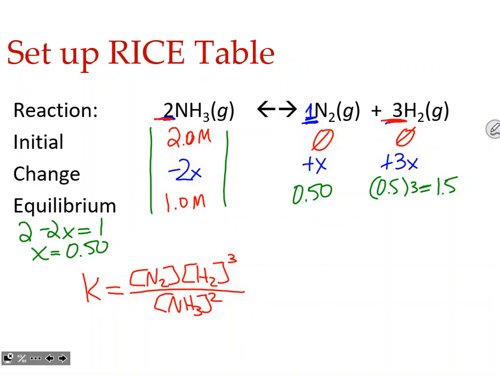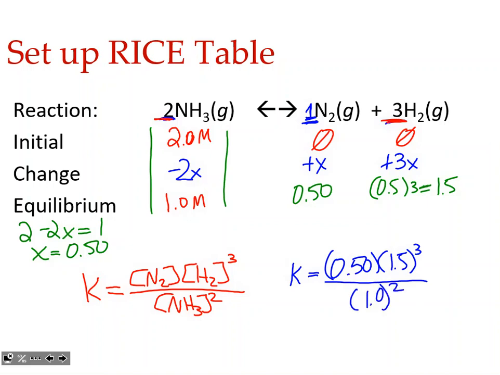So we have here K equals 0.5 times 1.5 raised to the 3rd power over 1 raised to the 2nd power. What is our K value?